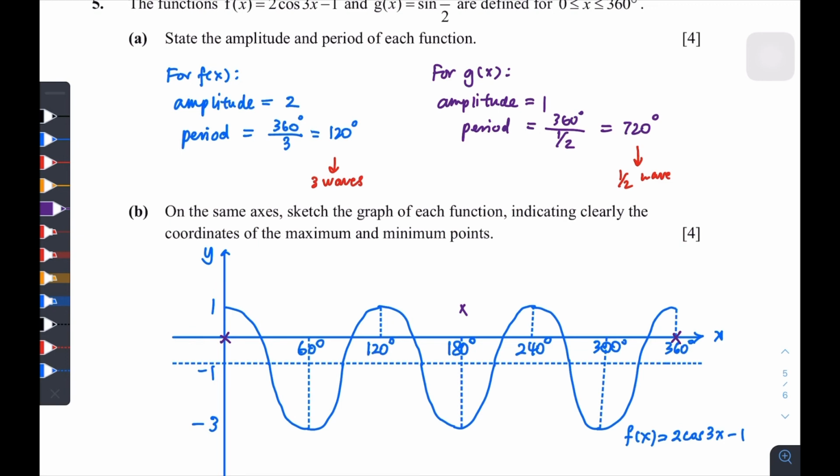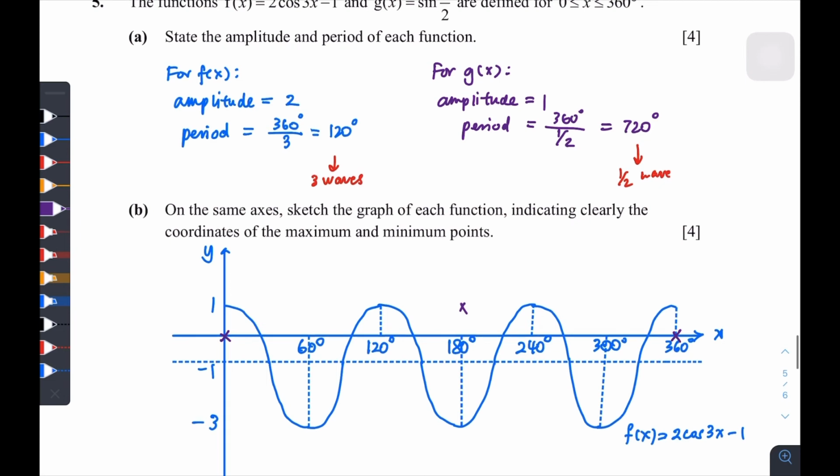So I'm going to try to draw half a graph poorly. It's going to be like this. Or maybe I should start from here, horizontally downwards to this one. Then to 360 degrees. Whoa. Okay, not enough.